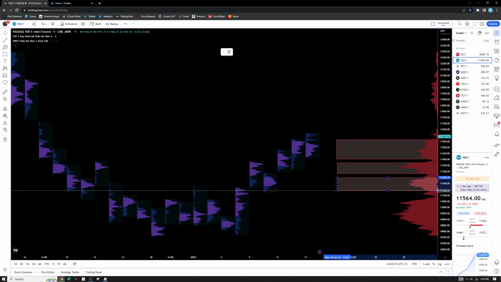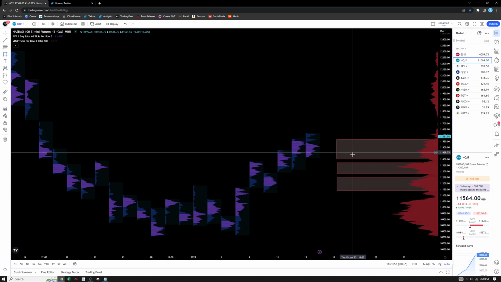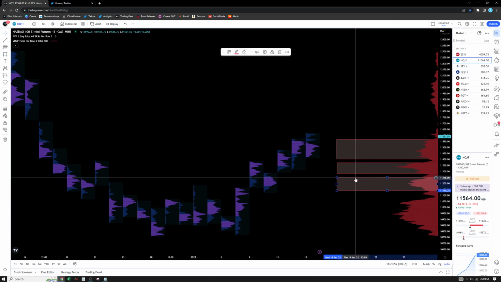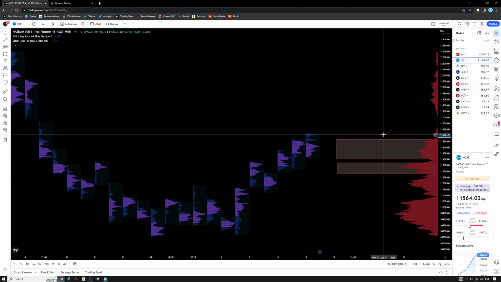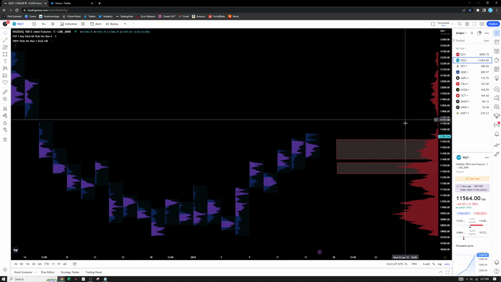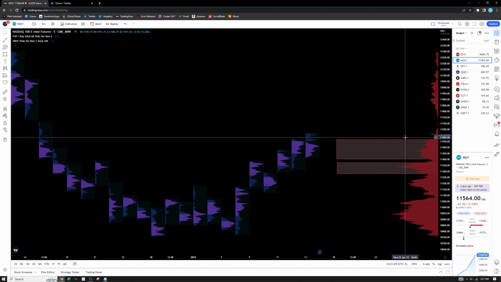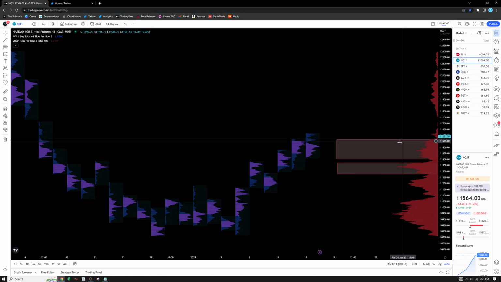Another node here. Honestly, this isn't a weekly outlook. I don't need to be putting too many zones here. Where are we trading? 11,564. Okay, we're right around here.